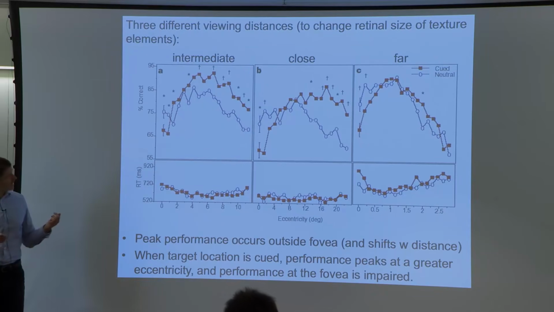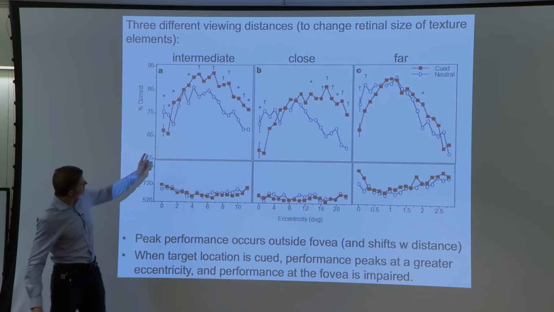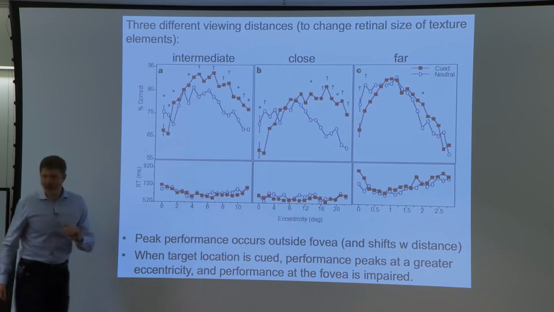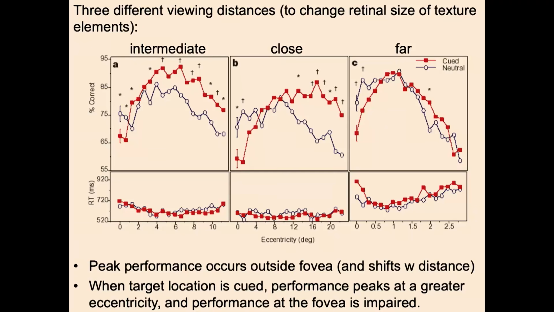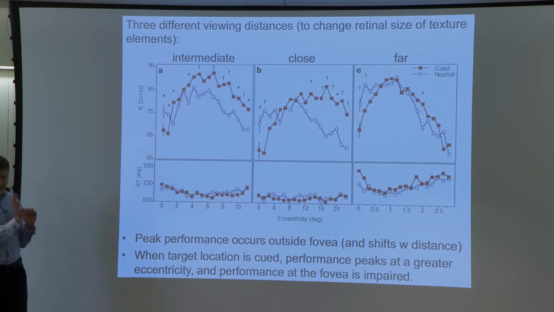But the other thing you can see is that if you look at the overall shape of the red curve, the eccentricity at which your performance is best has shifted a little bit towards the periphery. This is real data, so it's kind of jaggedy, but if you think about smoothing out those two curves, the peak of the red curve is more eccentric than the peak of the white curve.